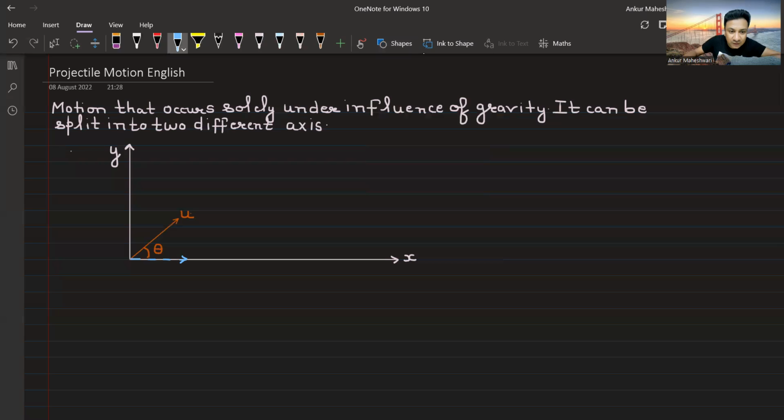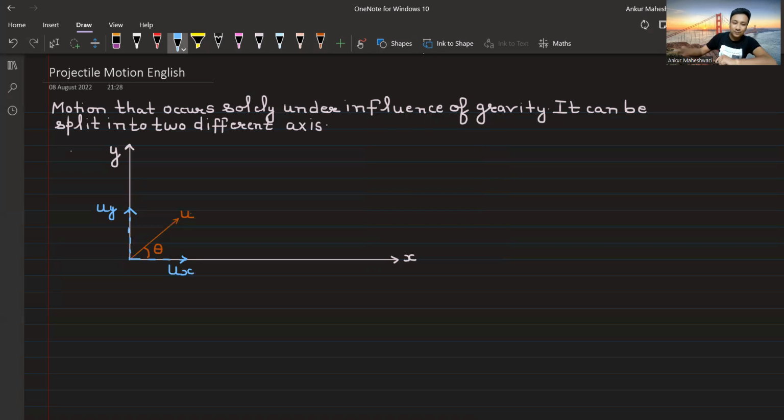One component is along the x-axis, which is ux, and one component along the y-axis, which is uy. All right. So see, it has split into two different axes. One is along the x-axis, whose initial velocity is ux, and one is along the y-axis, whose initial velocity is uy.